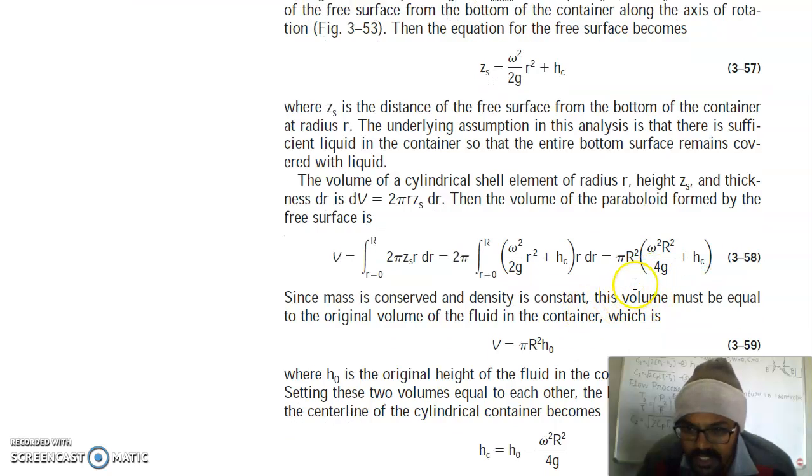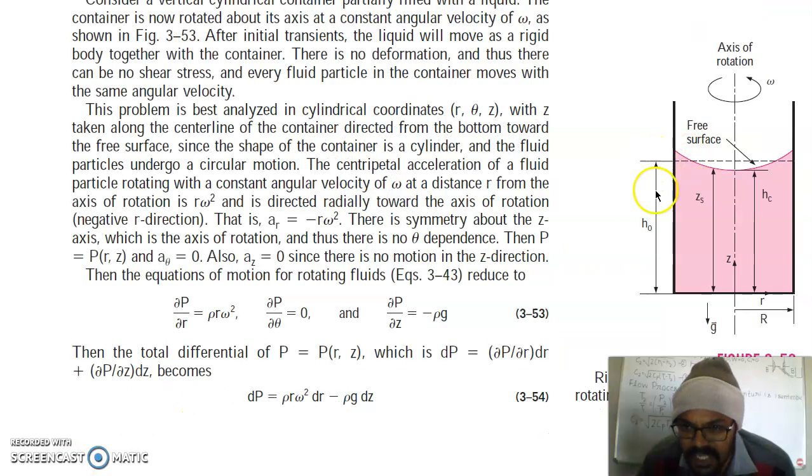Now consider carefully this value here, which is omega square r square by 4g plus HC, must be equal to this H0, where H0 is the height of the free surface in container when your fluid is not rotating, means that stable position. When your fluid is not rotating, the volume during that must be the same as the volume which we had calculated.